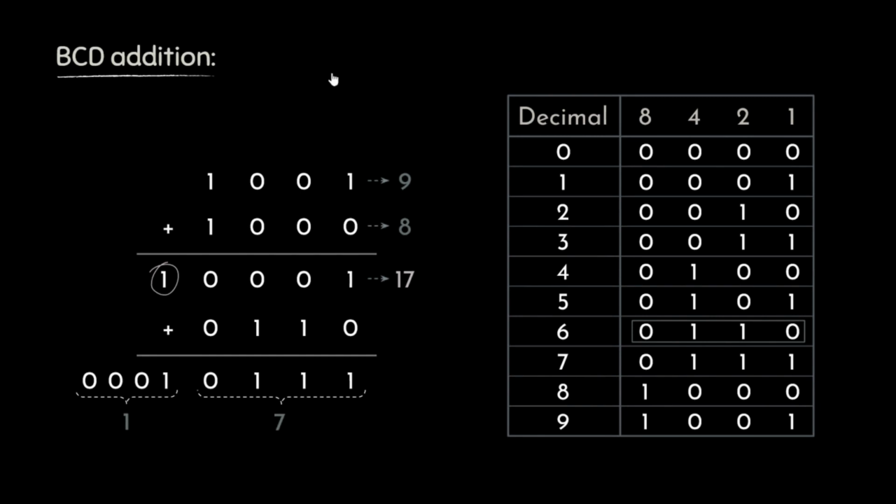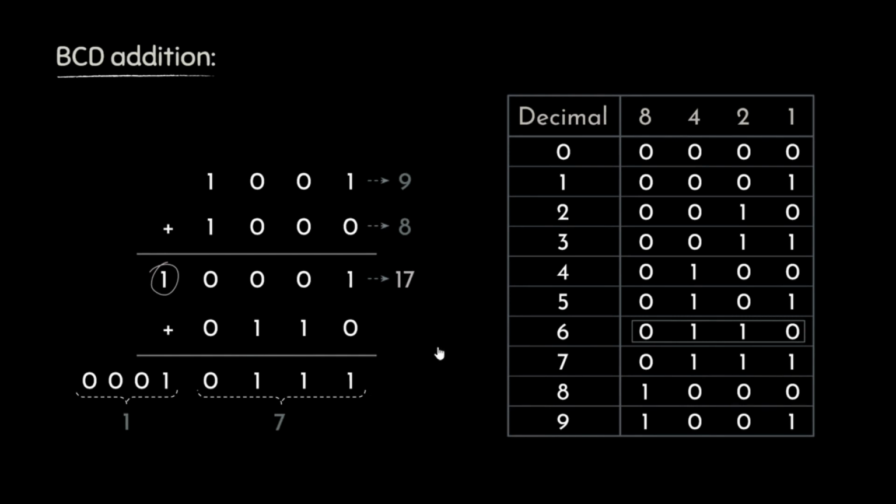One, if we actually obtain any of the 4-bit binaries of the decimal numbers 10 to 15. And the second way is if we obtain a carry. Now in both the cases, to obtain the valid BCD form, all we have to do is add the pattern 0110 or 6 to that invalid pattern, and eventually we will end up acquiring the valid BCD pattern.